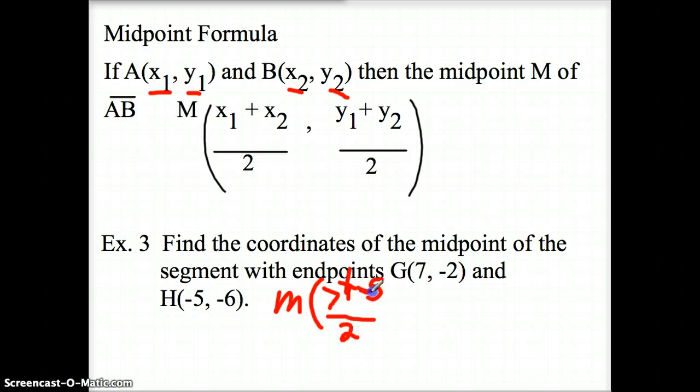Let's make that negative more pronounced. For my x part of my coordinate. For my y part of my coordinate, I'm going to go back to point G, and that's -2 plus -6 over 2.